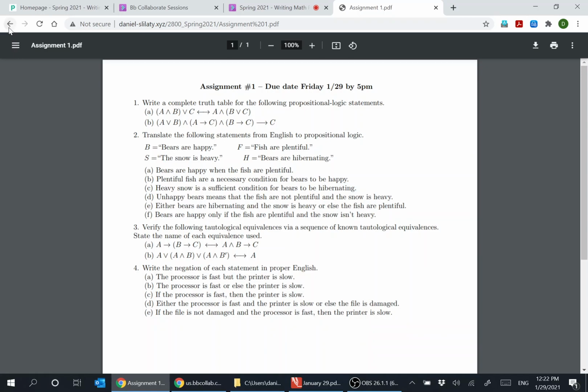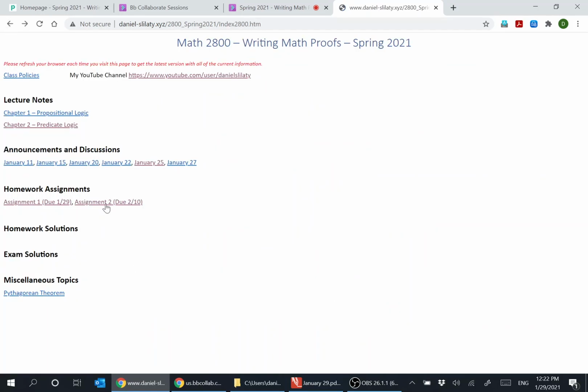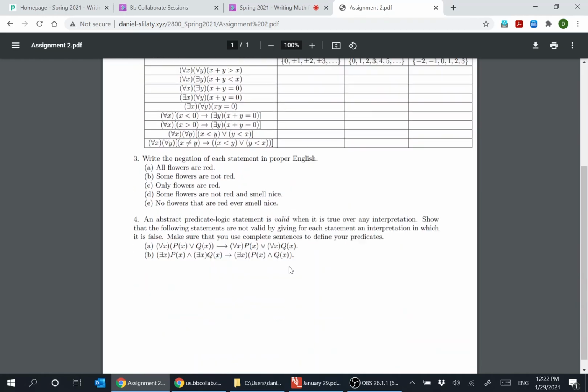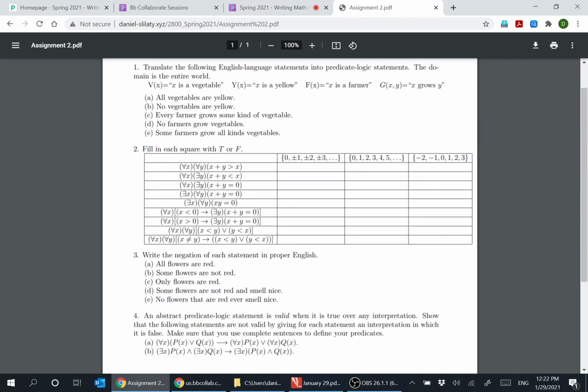So the second assignment is up, and that'll be due on the 10th. So right here. Now, if you do me a favor, on number 2 here, you're going to fill in each rectangle of this chart with true or false.